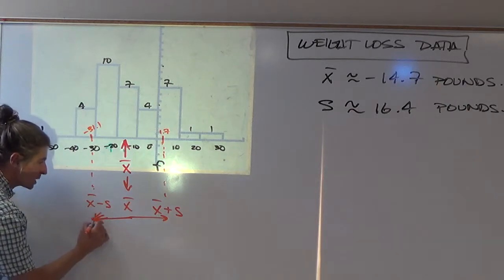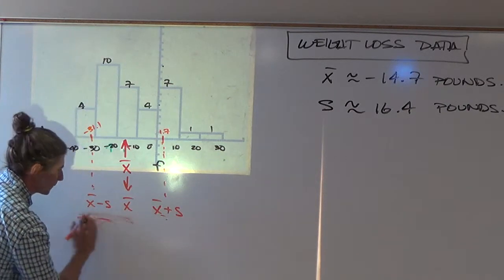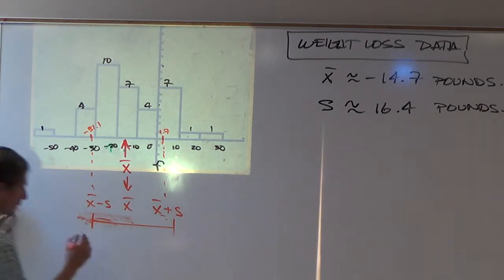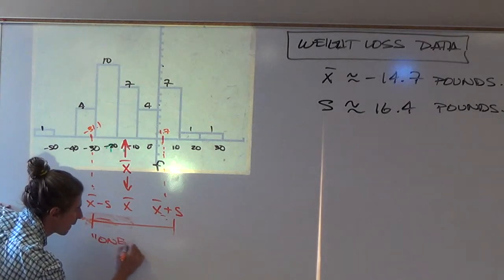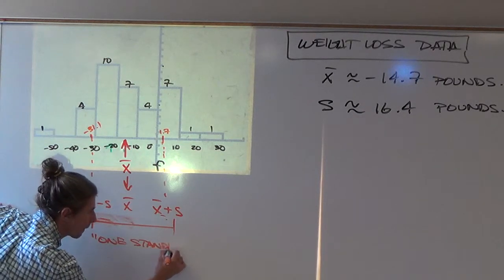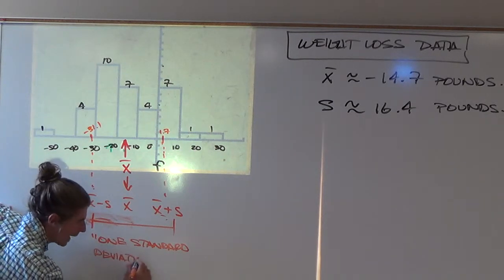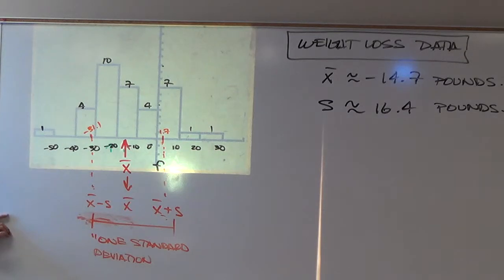That range of values right there, let me draw this better. That range of values right there is called one standard deviation from average. A lot of times it's just called one standard deviation.